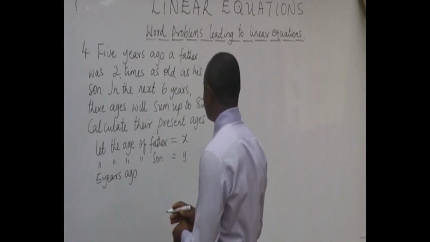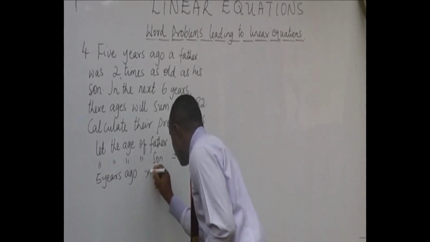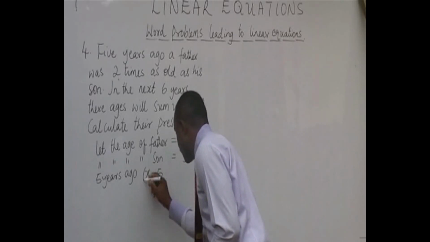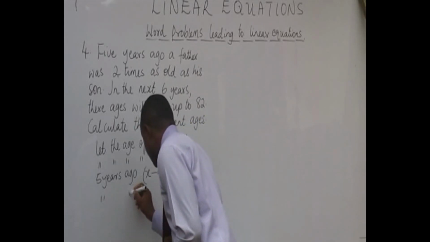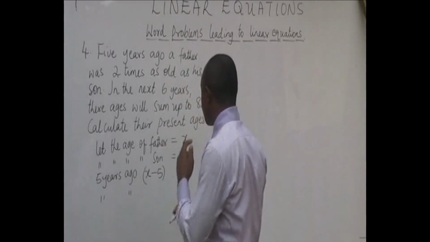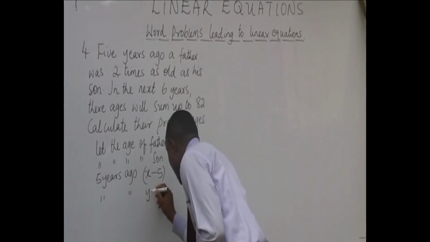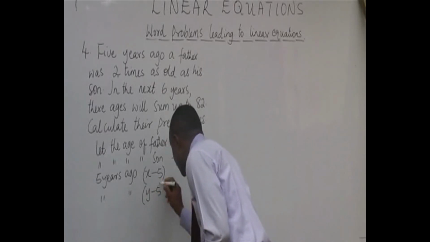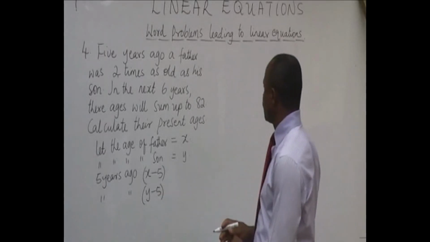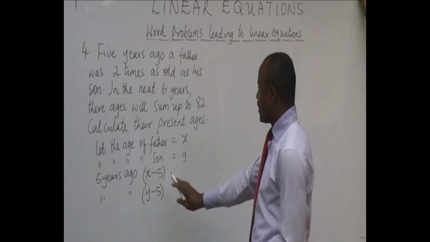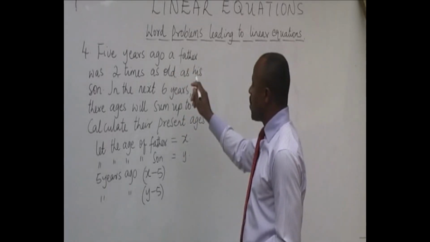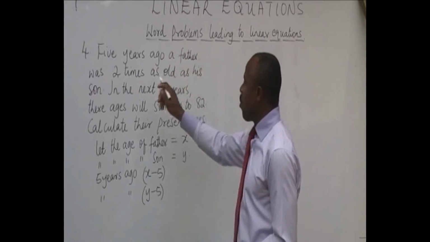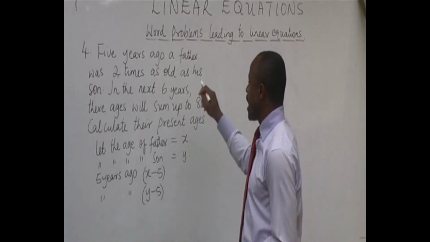The age of the father 5 years ago will be X minus 5. Five years ago, the age of the son will be Y minus 5. Then, that same 5 years ago, the father was 2 times as old as the son.